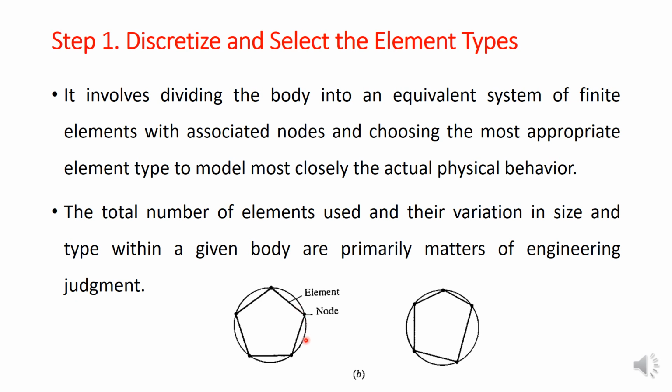You are dividing your geometry into a finite number of elements. That is called discretization of your geometry. If you have a complex shape, then you will understand it. It's not that easy to find out the circumference of your geometry with the help of a simple formula. So in that case, you'll divide it into a finite number of elements, and you can find out the circumference, for example.